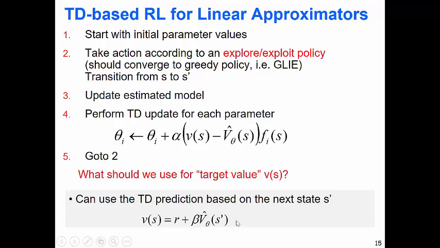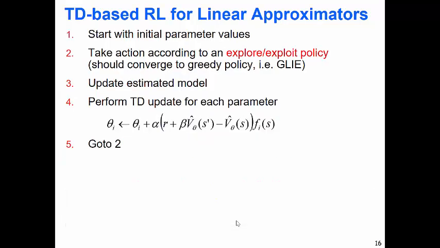So just a little bit different. And so if you go through all that, this would be a basic algorithm that will do reinforcement learning with linear function approximation. So it's pretty straightforward. The same loop. It's just now you're adjusting each of these theta i's instead of adjusting the particular state value.